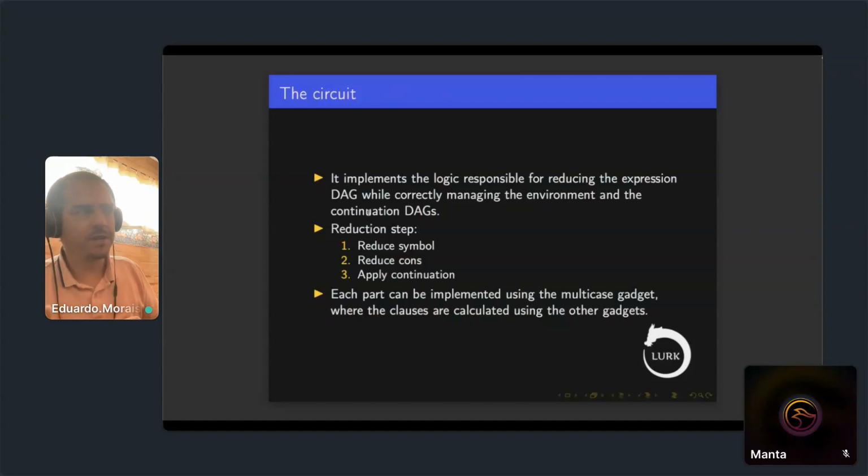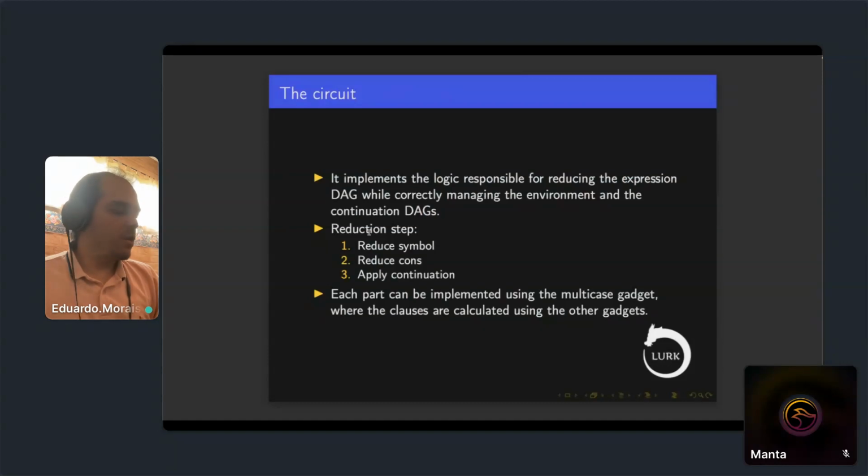It's not a very complicated DAG, it's just a line of continuations. Or we need to create nodes in the environment and add functions to the recursive environment or something like that. So all those rules are implemented in our circuit.